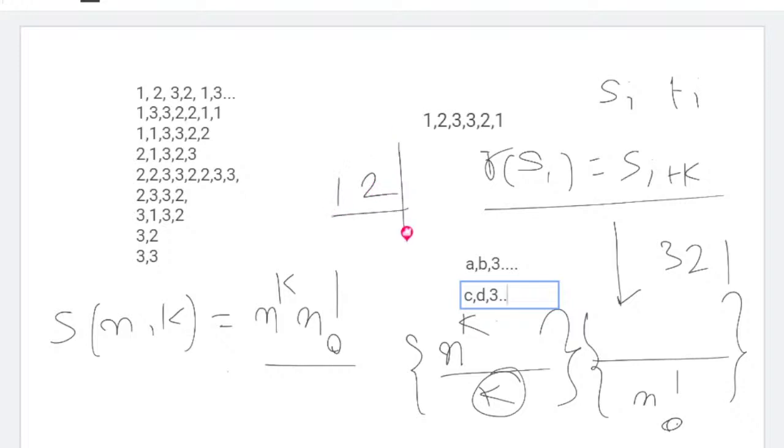Then the corresponding sequence is, 1 goes to the last, so there is no 1. And then it's like 3 2 and so on.